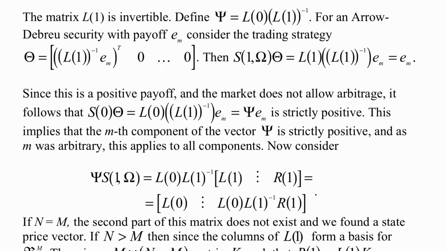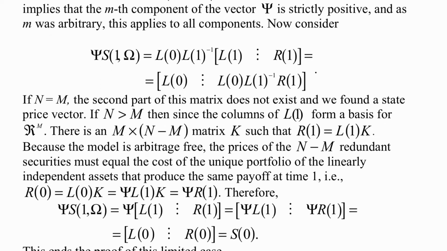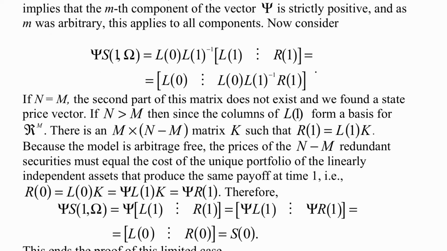This implies that the mth component of the vector psi is strictly positive, and as m was arbitrary, this applies to all components. Now consider psi S1(omega), which is L0 L1 inverse multiplied by L1 followed by R1. So that's L0 followed by L0 L1 inverse R1.